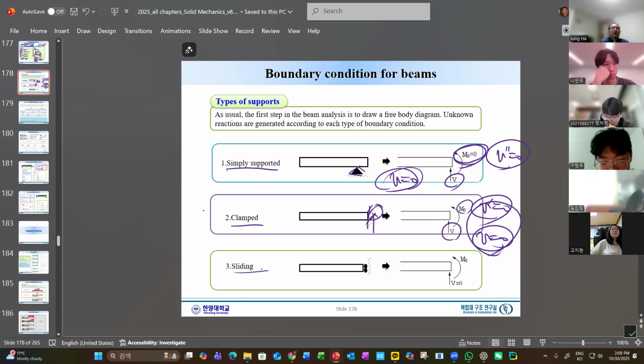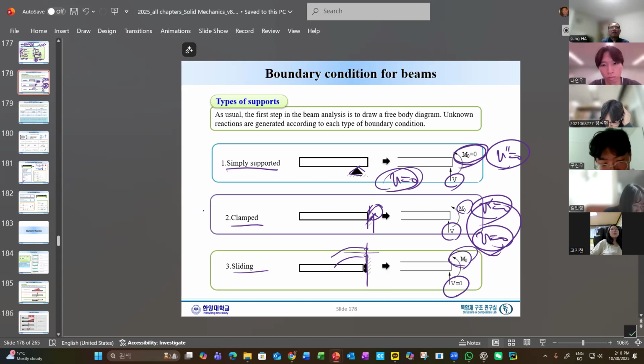And sliding, well, this is not a common boundary condition, but let's say we have a freely sliding support. As you can see, the slope would be 0. So the shear force is 0, and the moment we don't know.